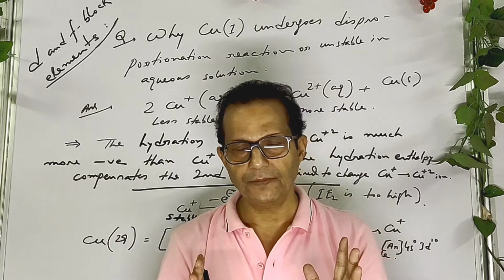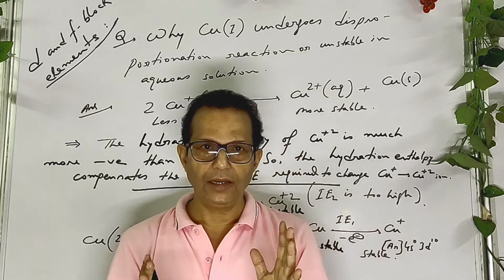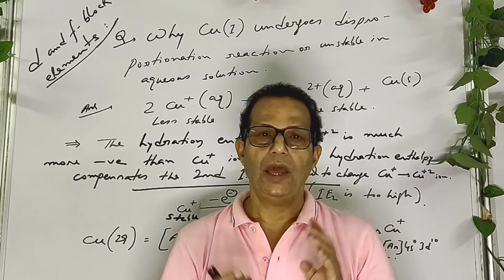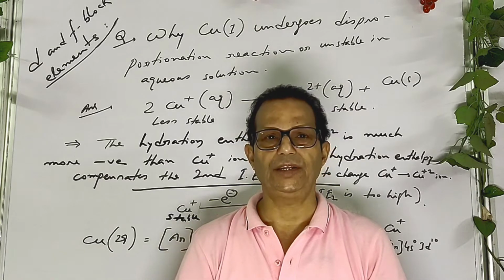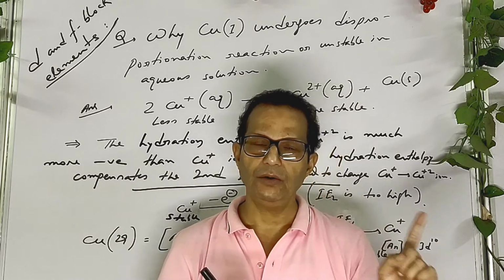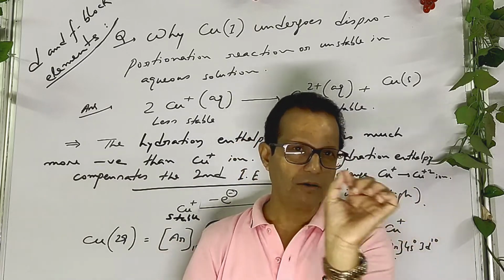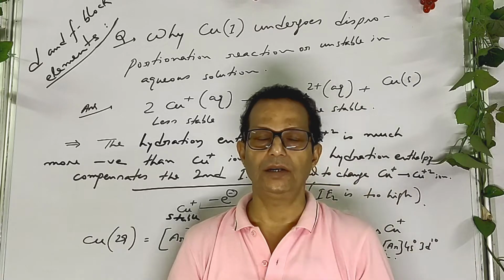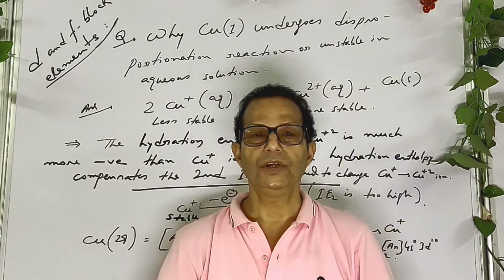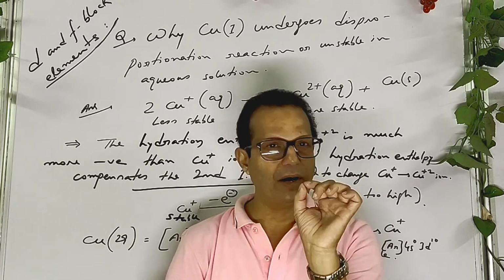So remember it, when compounds of copper having +1 oxidation state are dissolved, say CuCl, copper chloride, copper has +1. When dissolved in water, it readily changes into CuCl2, copper dichloride.